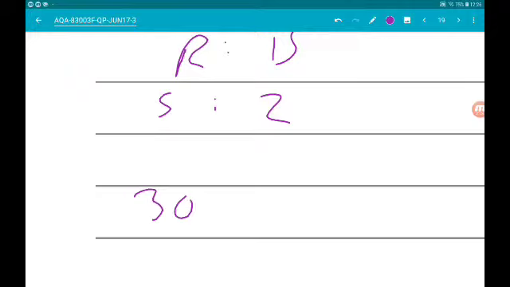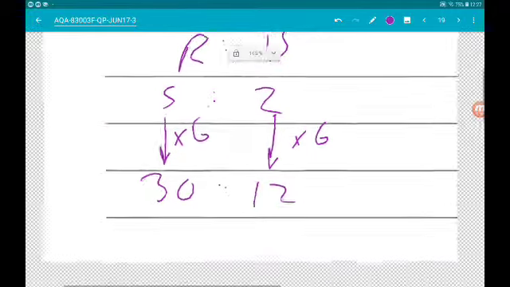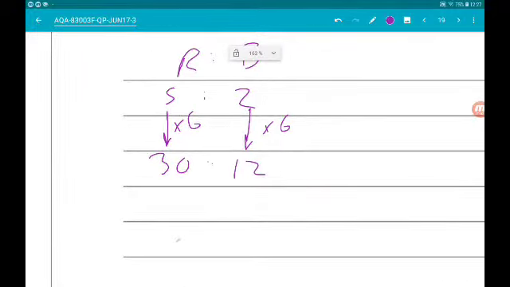So there'd be 30 there. How have we turned 5 into 30? We've multiplied by 6. So we would have to do the same to 2 litres of blue. So times that by 6, we get 12. We've got a problem there, he doesn't have 12 litres of blue paint. So we can't do that.